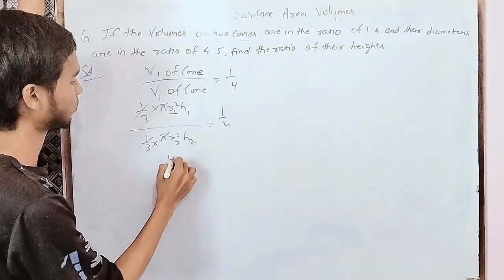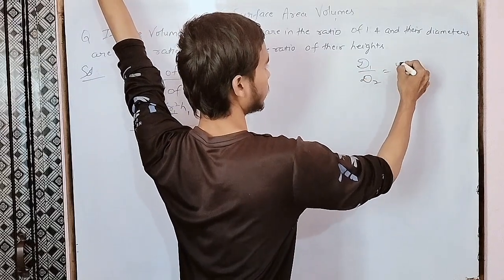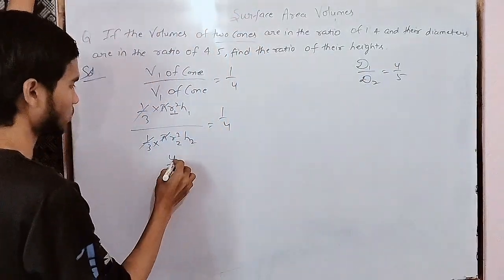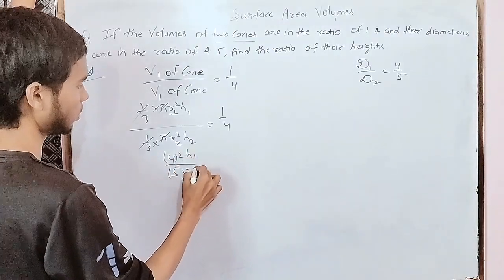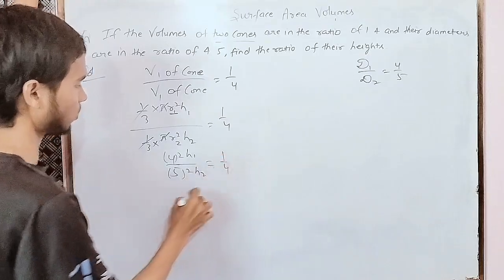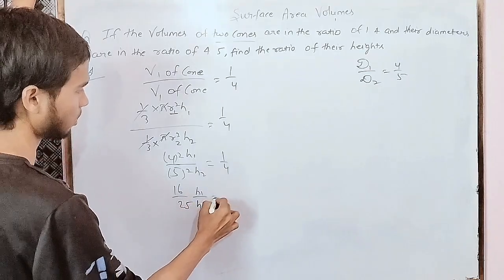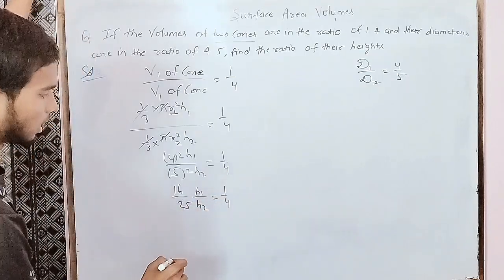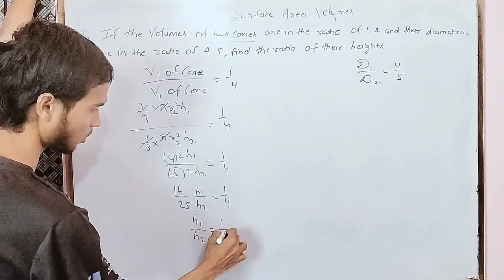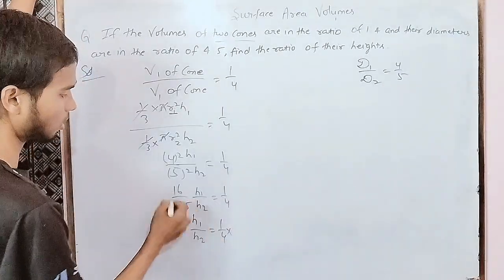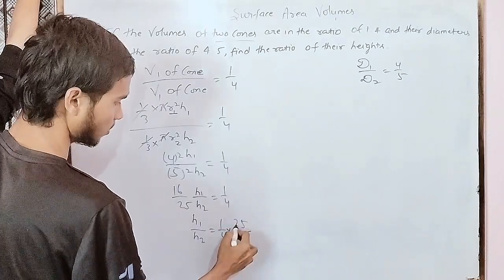So we will write d1 upon d2 is 4 upon 5. So 4 square, 5 square, h1 upon h2, 1 upon 4. 4 fours are 16, 5 fives are 25, h1 upon h2. Just we will simplify it. 1 upon 4 multiplied, the denominator will go upward and 16 will be downward.